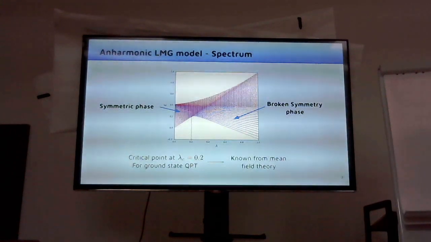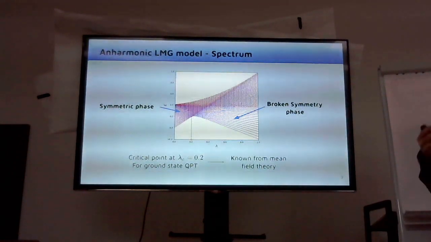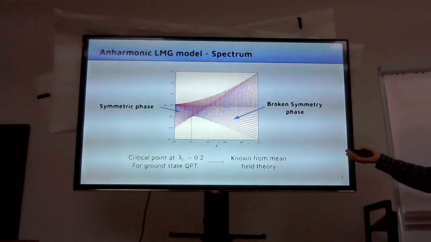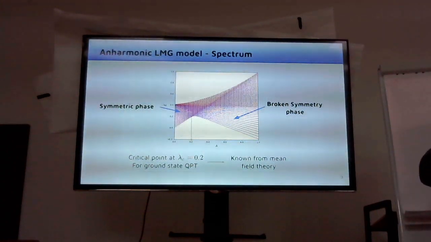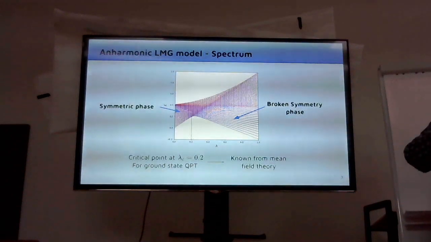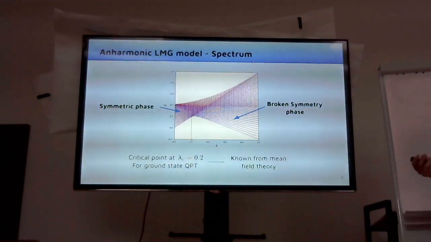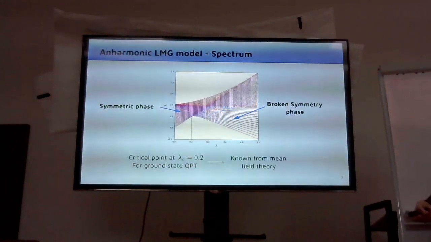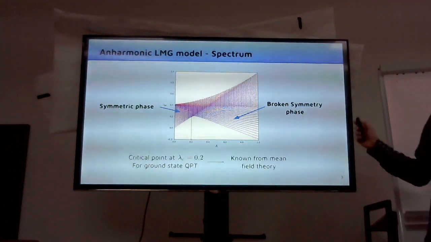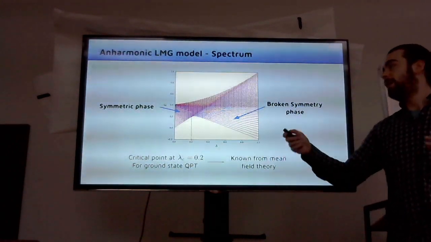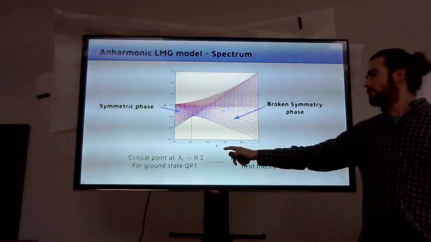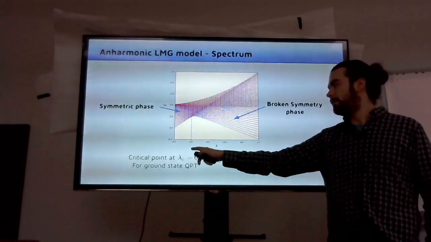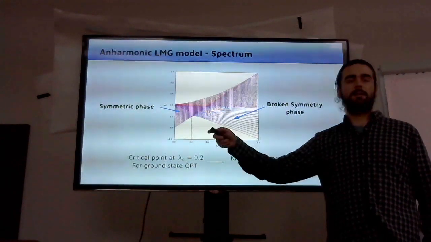So, a quantum phase transition is similar to the standard phase transitions, but we are here controlling some parameters in a system that behaves quantum, and it's not like any change of temperature or pressure or anything like that. In this case, we are first in a symmetric phase, and when we cross here at lambda 0.2, that's the critical point.